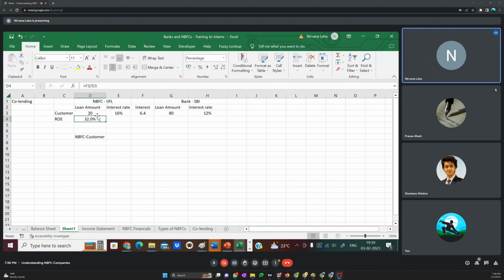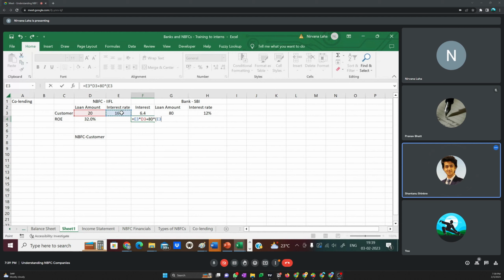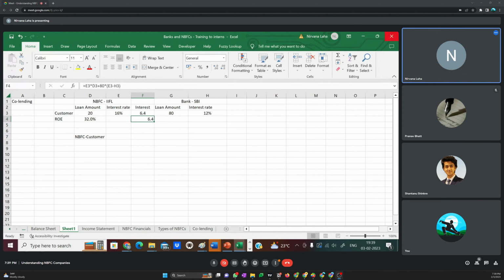This 6.4 can also be split in this way. For the 20 rupees on its books, it is keeping the entire 16%, so 16% into 20 rupees, plus for the 80 rupees, it is keeping the 16 minus 12, 4% differential, because it is collecting 16% but only paying out 12%. This is how you arrive at the 6.4.